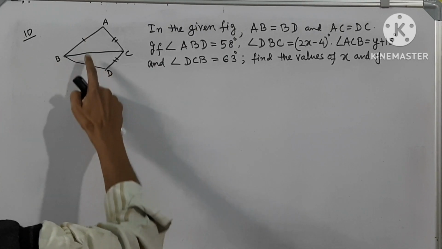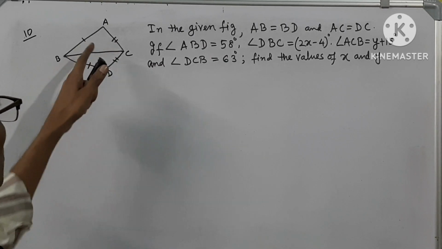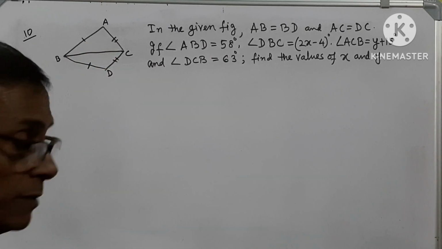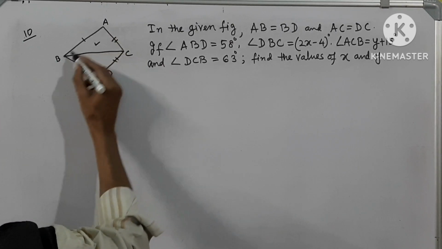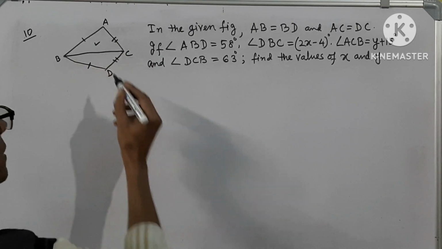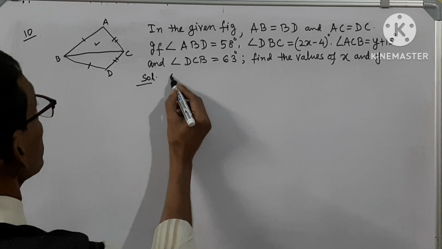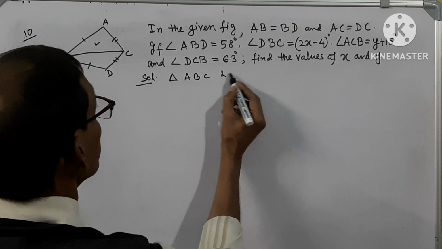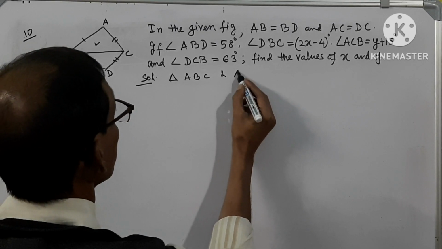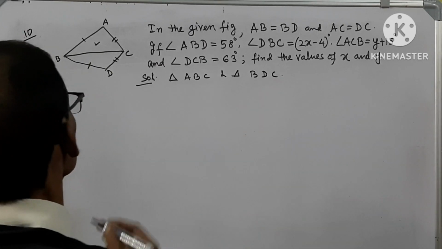Anyway, two triangles we are seeing, and we can establish the congruency. Solution. Triangle ABC and triangle BDC.